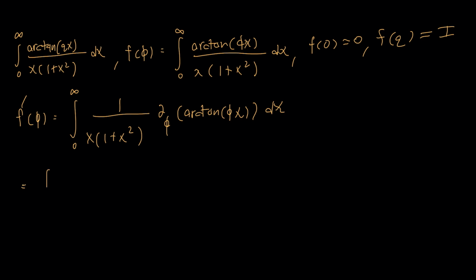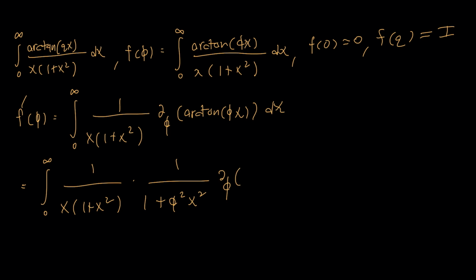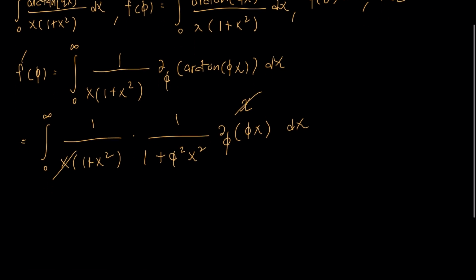So this is equal to the integral from 0 to infinity of 1 over x times 1 plus x squared, times 1 over 1 plus phi squared x squared, times the partial derivative of phi x dx, and this derivative is equal to x, which will end up canceling this x.